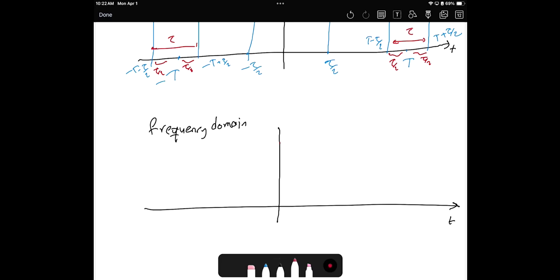This is the envelope, because we know the factors will be a sinc. Then the other components will be like this. So here is F0, 2F0, etc. That's how it functions.